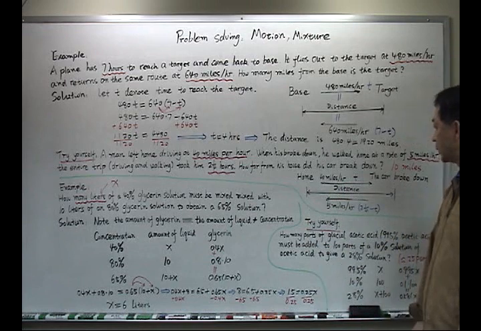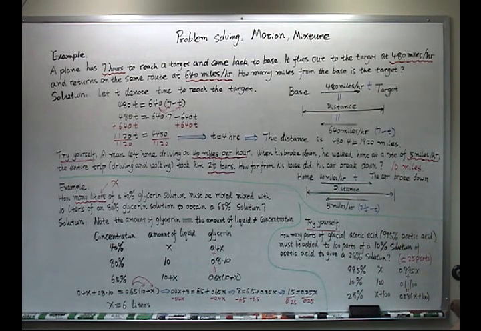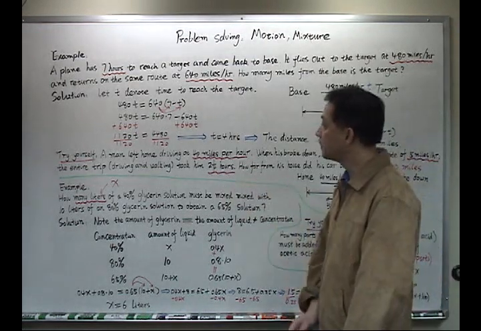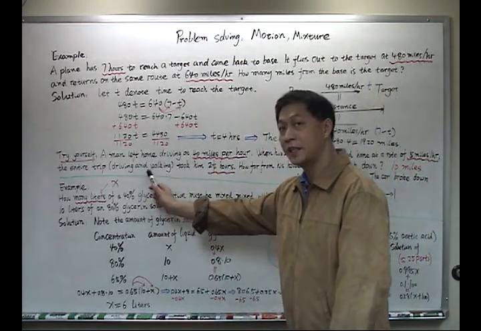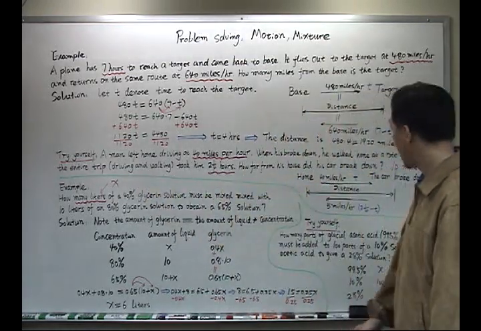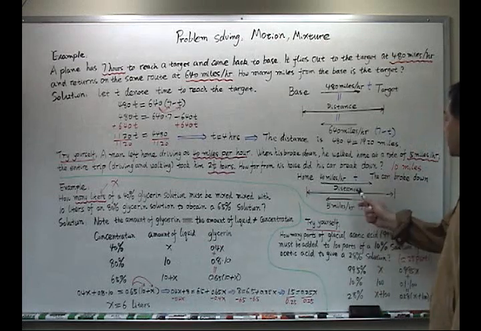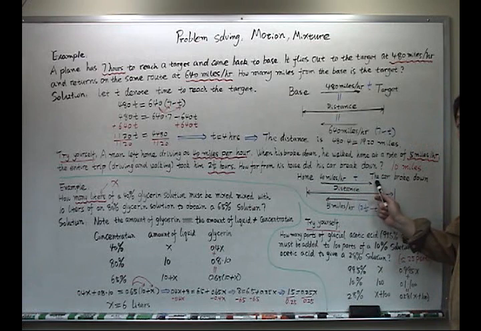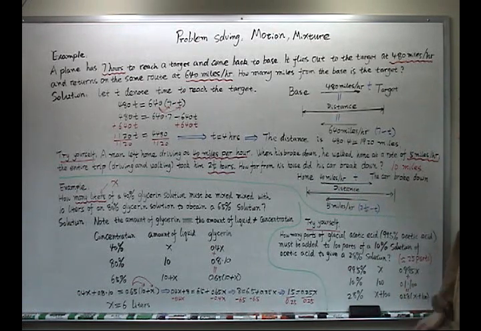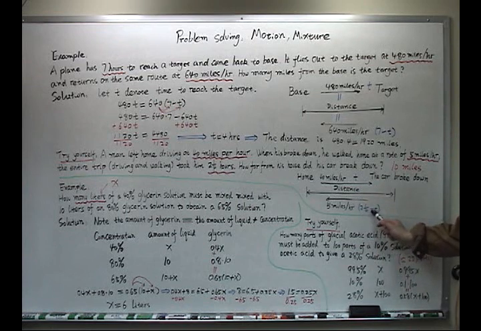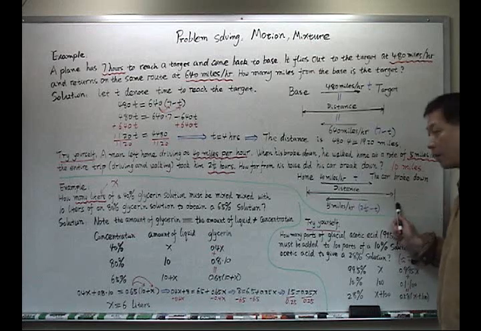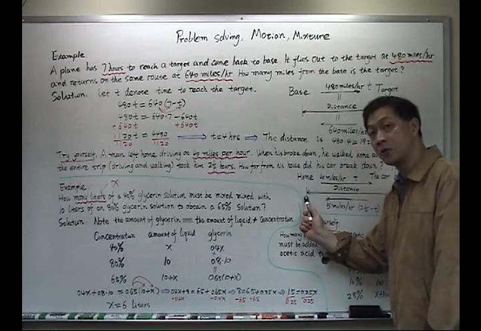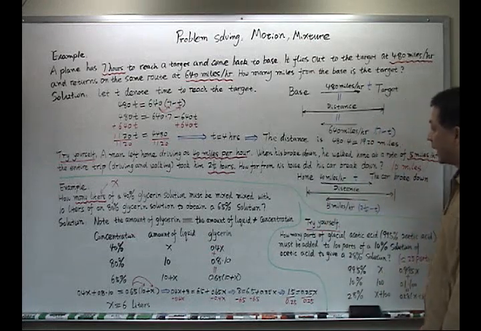Here we know the total time for driving and walking is 2 1/4 hours. So if you assume driving from home to the place where the car broke down is t, then the total time minus t would be the time from the place where the car broke down to his home.